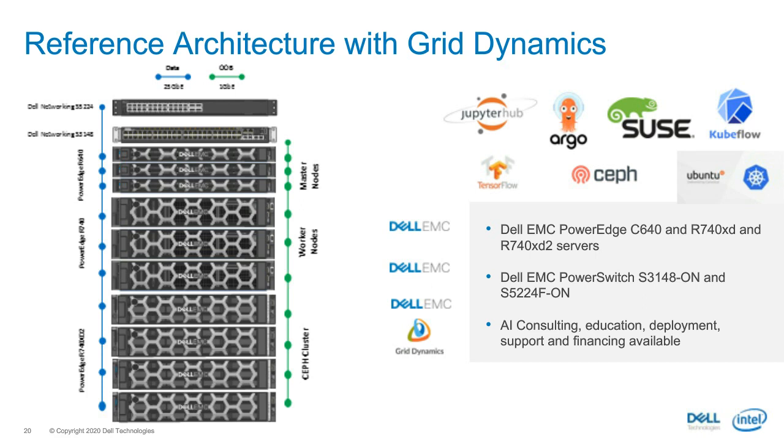So you don't have to change the underlying operating systems or environments and tools that you're used to. If you're a Canonical environment today, we have a Kubeflow reference architecture that will run on top of Canonical. And then if you are in a SUSE environment, you should be able to run this leveraging the same tools that you have in your SUSE environment.